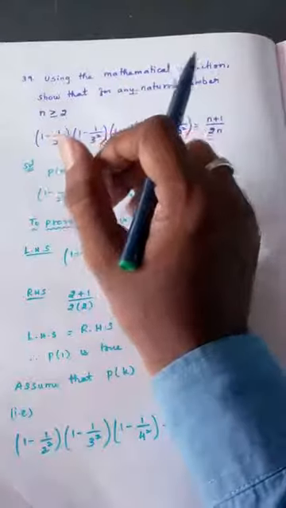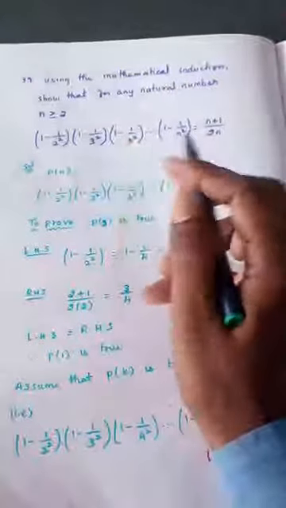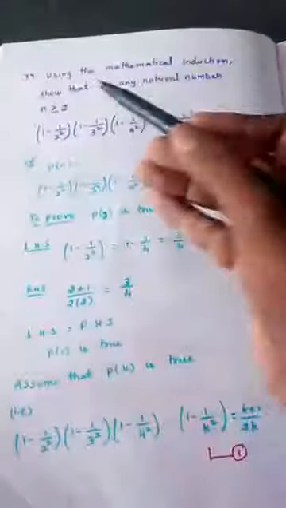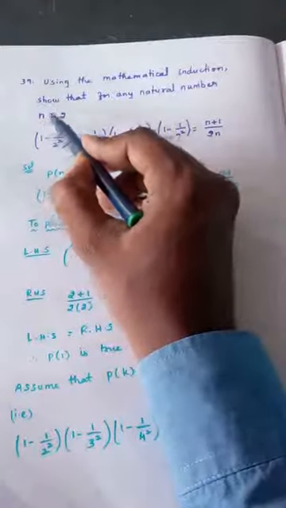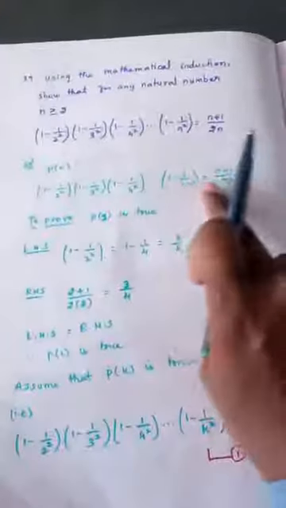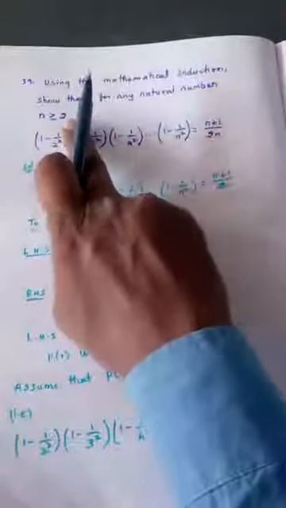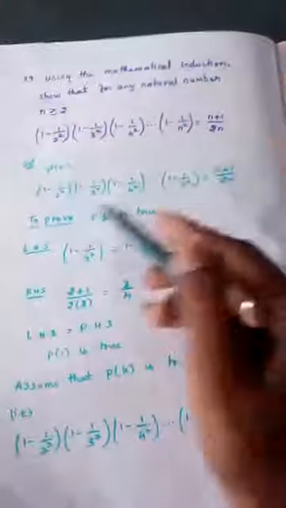Try to understand the meaning. That is why I am going slowly. This is different from the previous problems. Here specifically it is given n is greater than or equal to 2. So we can use this result only for n is 2 or more, not less than 2. 1, 0 and all we cannot apply.